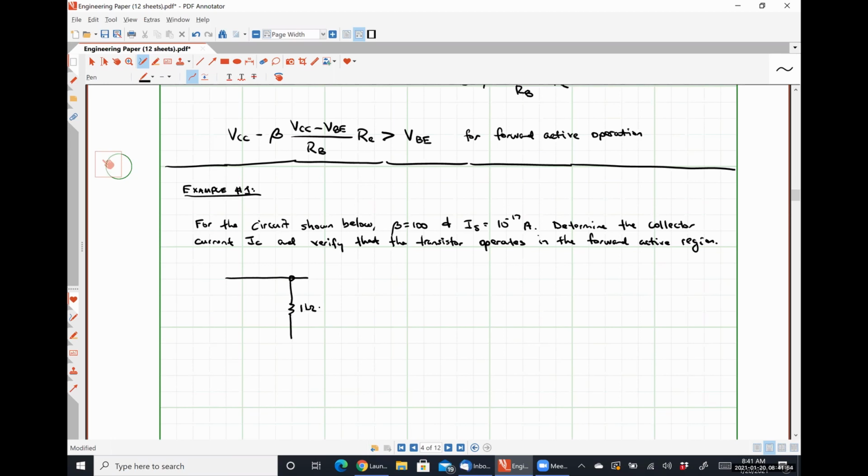So we have a 1 kilo ohm resistor there. Let's put a 100 kilo ohm resistor here. Here's 2.5 volts. Here's IC, IB, VBE, and VCE. So how can we solve for any of these quantities?